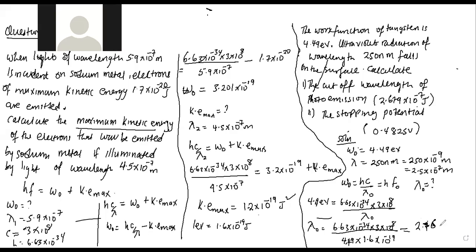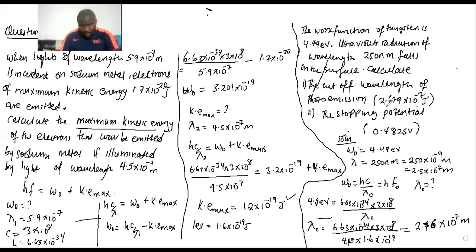Okay, exponent negative 7. So it means maybe we interchanged that one.